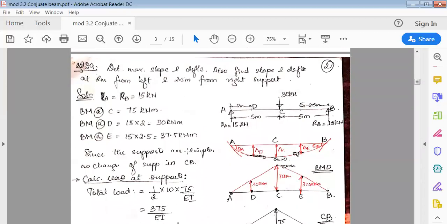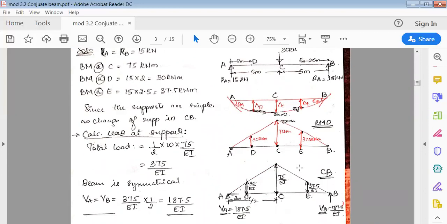Okay, so in the conjugate beam method, the first thing is drawing the deflected shape of the beam, then the bending moment diagram as usual, followed by the M over EI diagram. After this, in the conjugate beam, you have to replace the actual supports with the conjugate supports. In a simple support, things are simple because a simple support remains a simple support in the conjugate beam also.